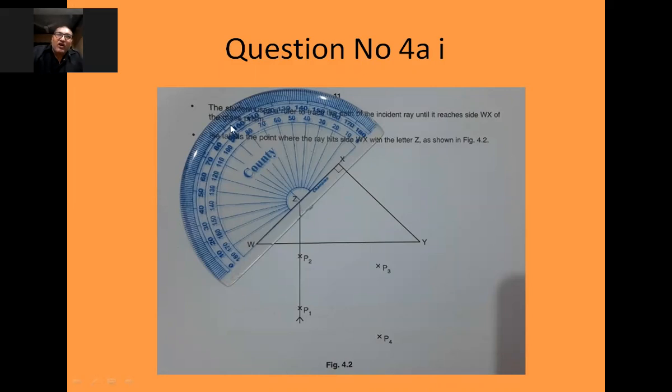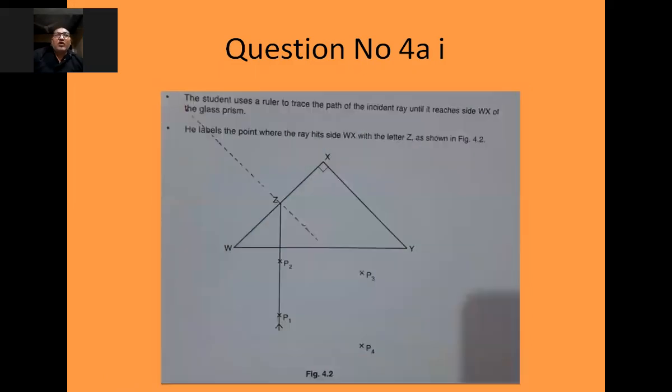This point is a little off, it should be exactly on the Z. Then I will put a dot at the point where it shows 90 degrees, and then I will join that dot with this point Z with a ruler, and that will be the normal. I will prolong it and make it a dotted line, and that will be the normal. So let me show you. Okay, so here you can see that I have put that red colored dotted line, and this is the normal. So that was question number 4A, first part.